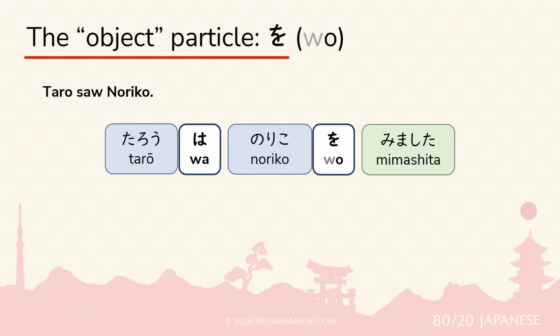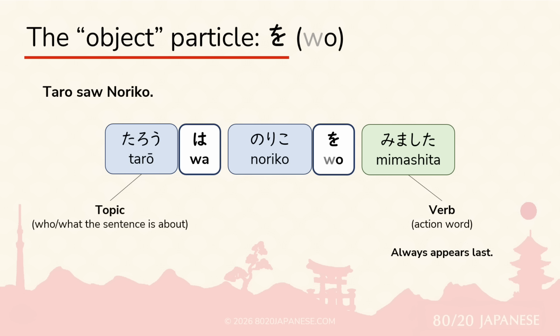Let's break that down now and look at each of the components. First of all, we have the verb at the end. The verb always goes at the end, and that's the action word mimashita, which is the past tense of to see, which is saw. Then at the beginning of the sentence, we have Taro wa. So Taro is the topic marked by the particle wa.